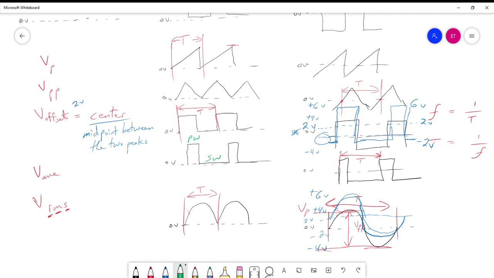We do have a need sometimes to look for instantaneous voltages, so we'll be looking into that. Instantaneous voltage is asking the question, if I draw a new waveform here, let's see.